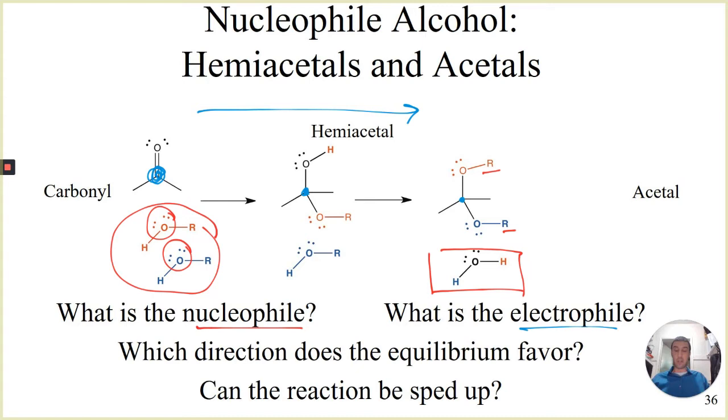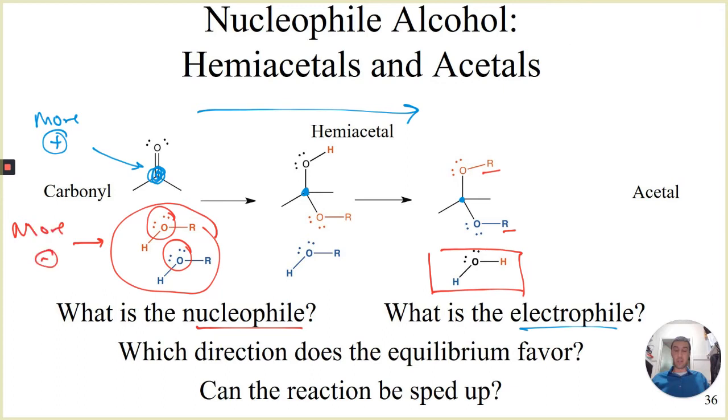Okay? As far as speeding the reaction goes, yes, this can be sped up, and really what we're taking advantage of is the nucleophile and the electrophile. If the electrophile becomes more positive, then the reaction goes faster. If our nucleophile becomes more negative, then our reaction goes faster.